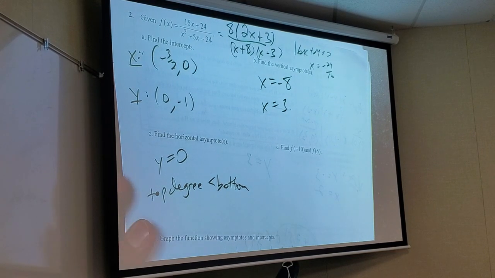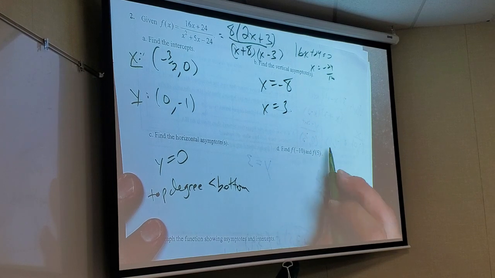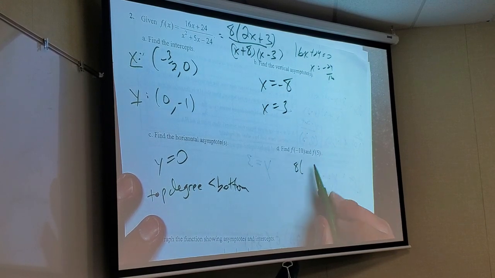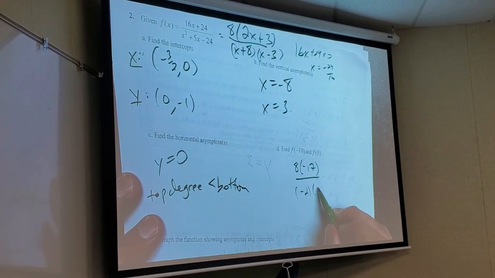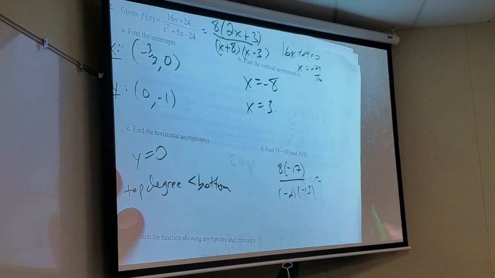Okay. F of negative 10. Let's see what that's going to be. 8 times negative 17 over negative 2 times negative 13.